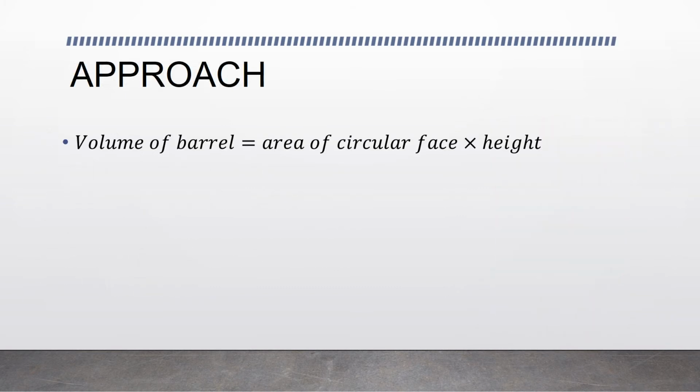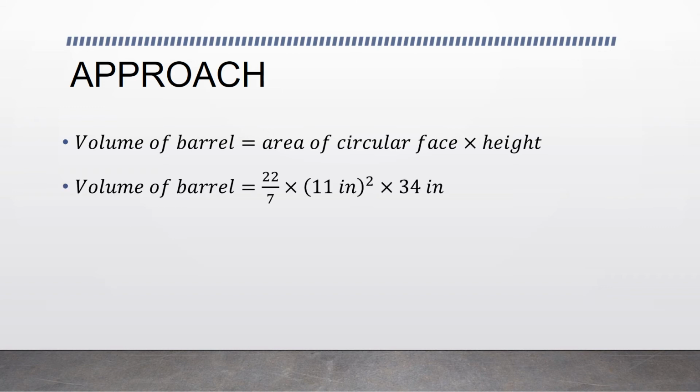Approach. So we've designed this little volume formula to calculate the volume of the barrel, and that is area of this circular face multiplied by height. Of course, we incorporate pi in finding the area of the circular face, and of course pi is 22 upon 7 multiplied by 11 inches all squared.